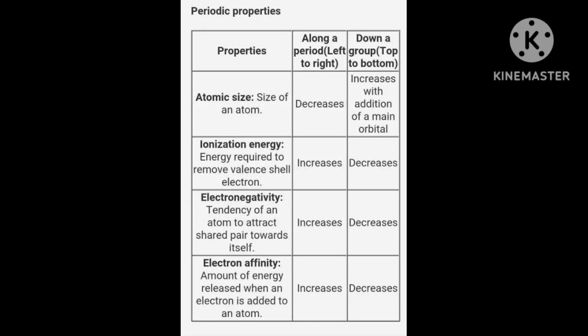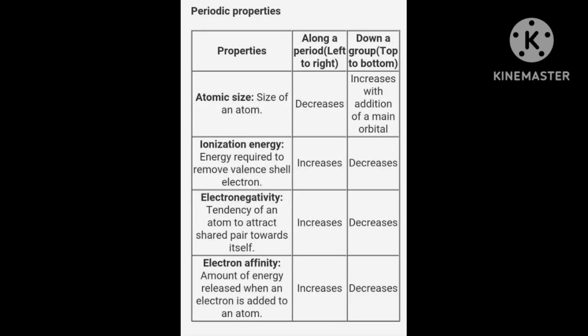Boron is B, aluminum is Al, gallium is Ga, indium is In, and Tl means thallium. Then atomic number is for boron 5, aluminum 13, gallium 31, indium 49, and thallium 81.